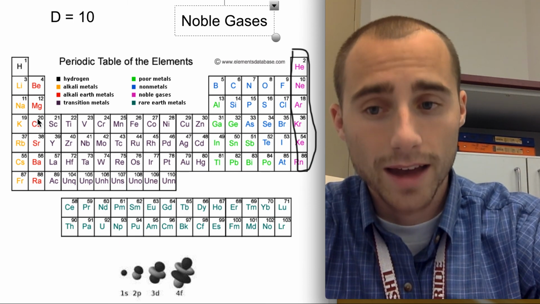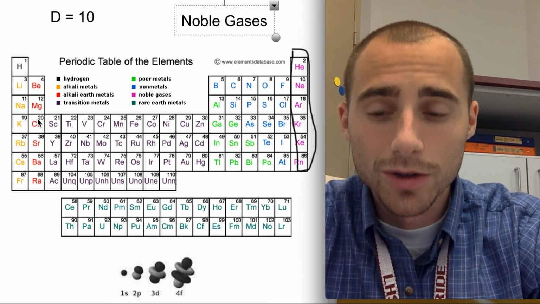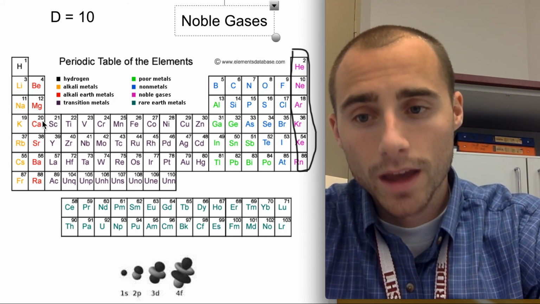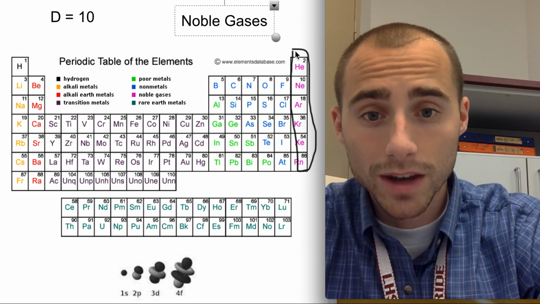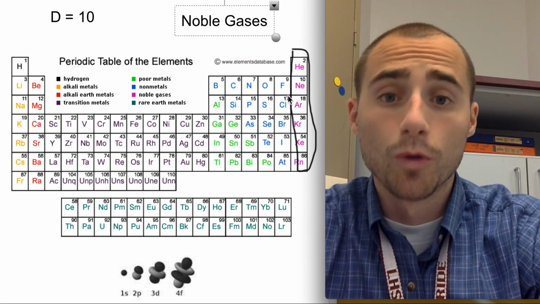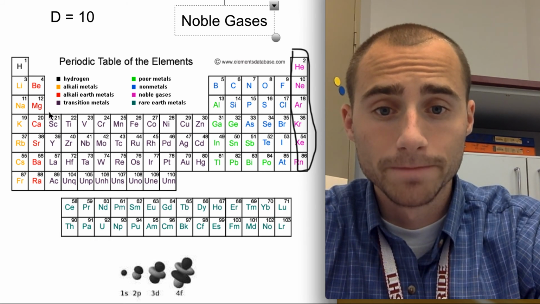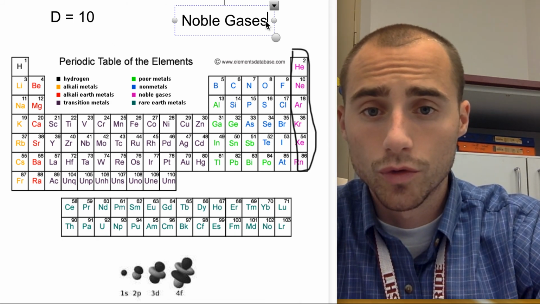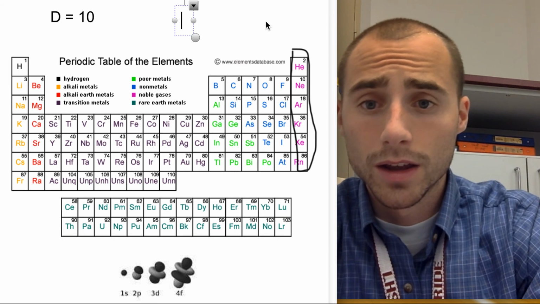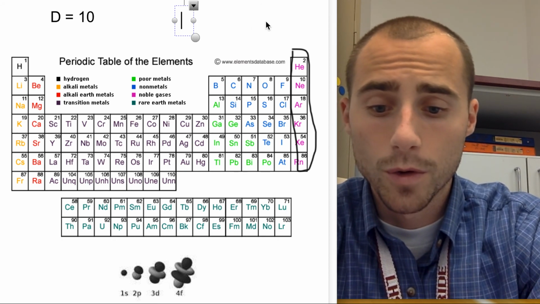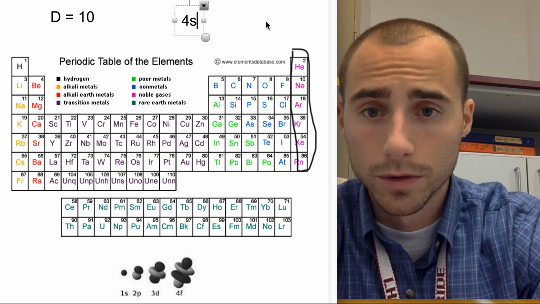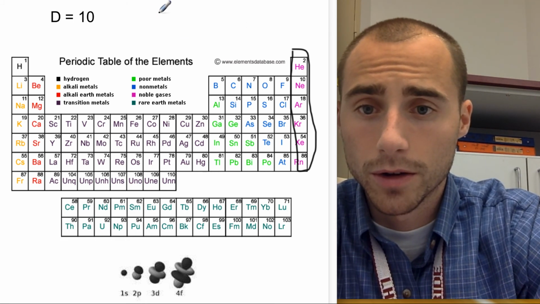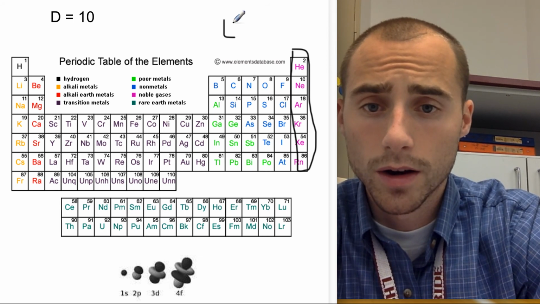So instead of doing that, something you can do if you're doing calcium, instead of going all the way back to 1s2, you can just go back to the noble gas that came right before calcium. So for calcium, you know calcium ends up as 4s2, right? I'm going to write it with my pen so you can see that a little bit better. You know calcium ends with 4s2.